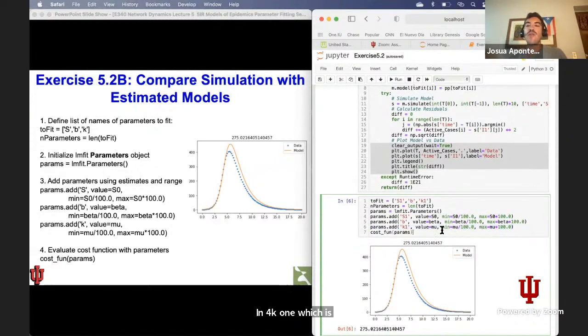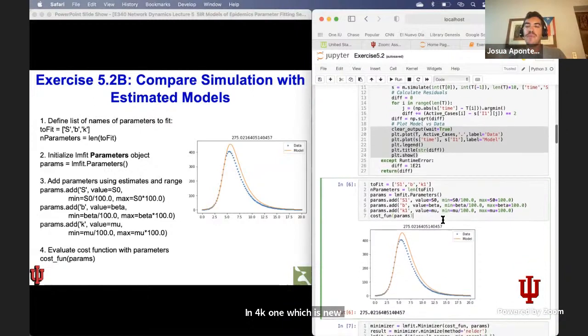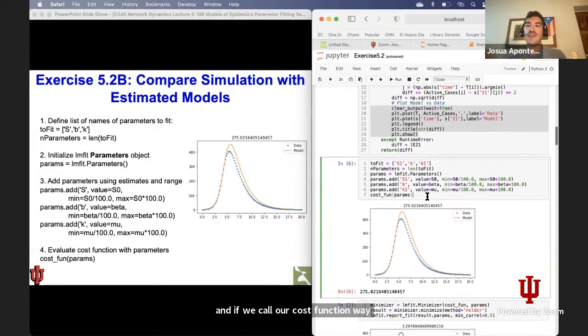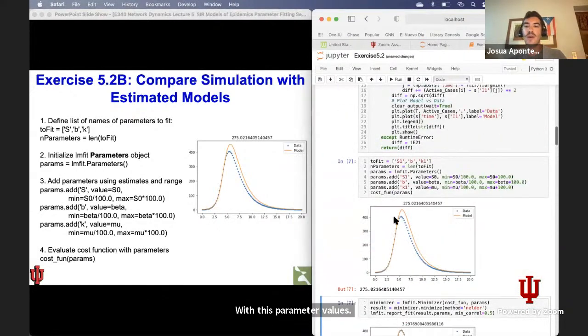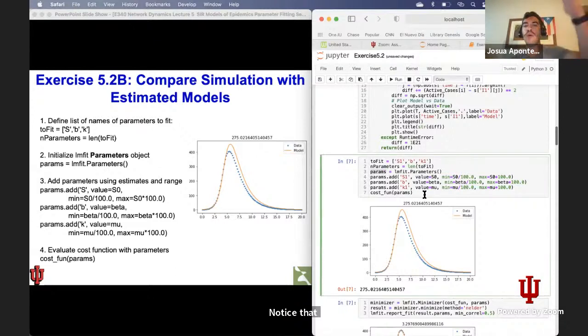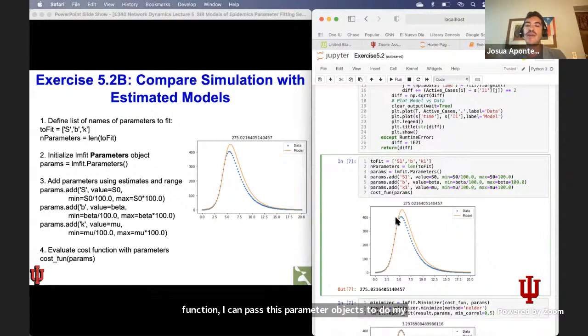And if we call our cost function with these parameter values, notice that I can now pass these parameter objects, because this is what the optimizer is going to be passing to the cost function. I can pass these parameter objects to my already defined cost function, and it will generate a model prediction based off of the estimates that I had.